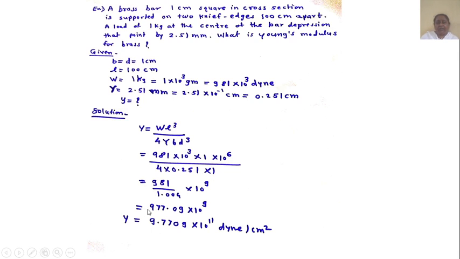So after simplification we get 977.09 into 10 raised to 9. Therefore Y equals 9.770 into 10 raised to 11 dyne per cm square.